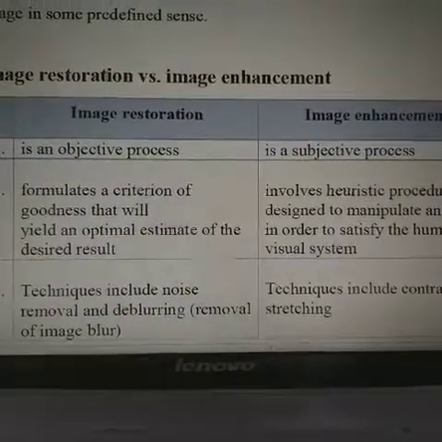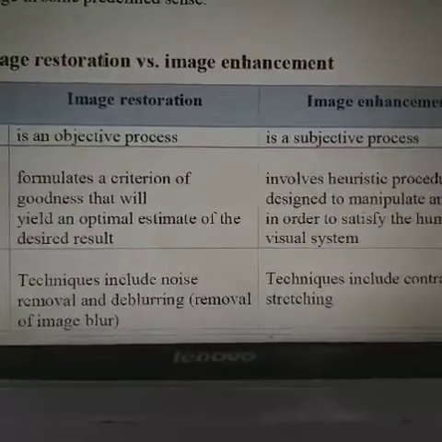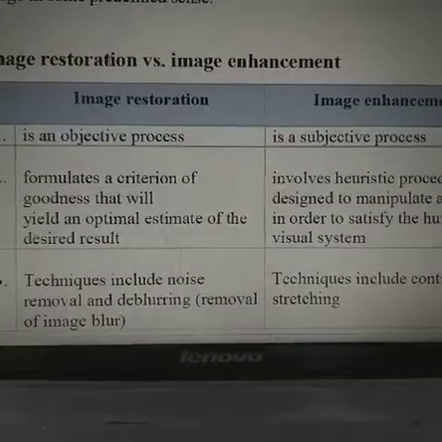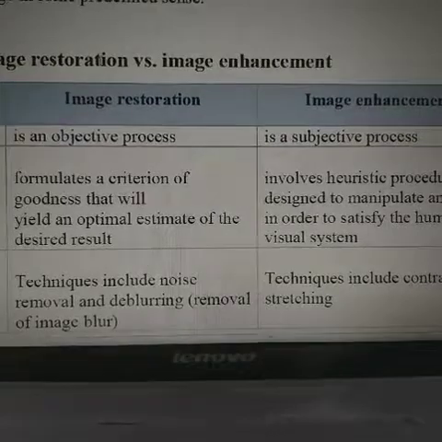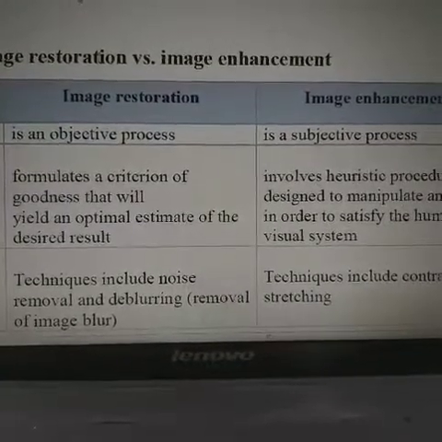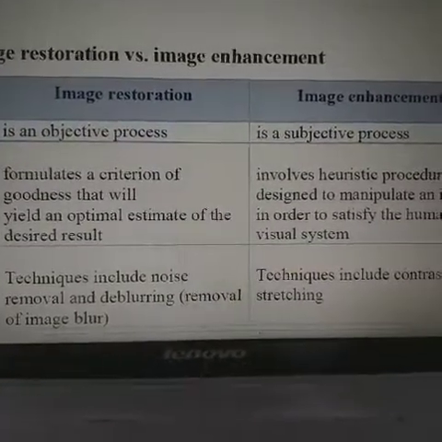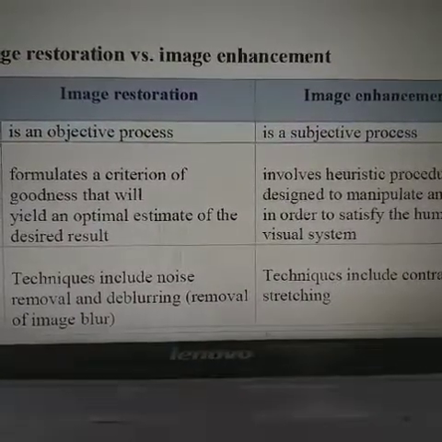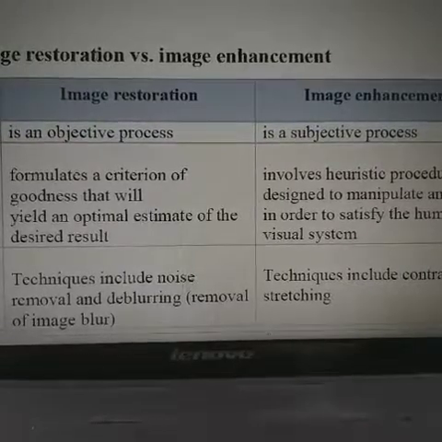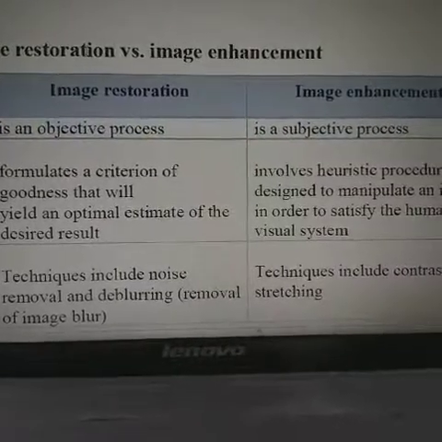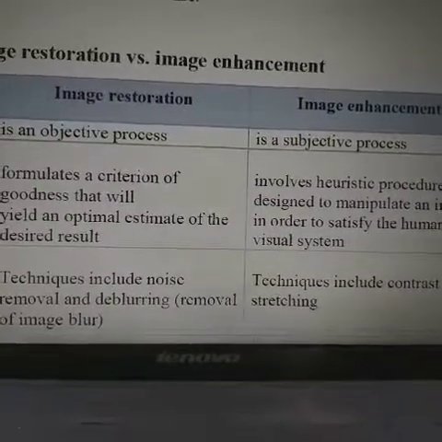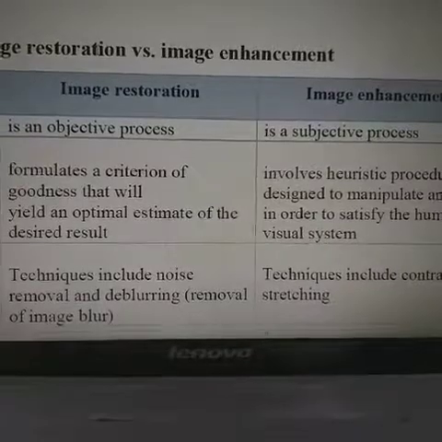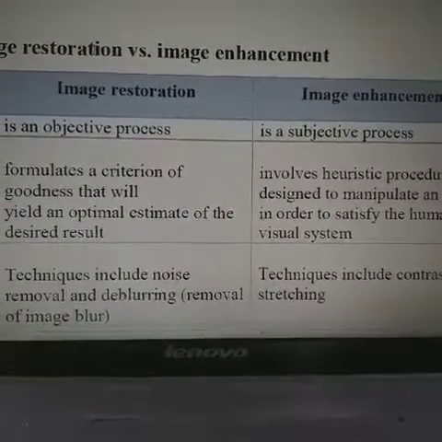Clear? Now the third difference is that in image restoration, the techniques include noise removal and deblurring, removal of image blur. When we restore an image, in the main definition we read that we recover a degraded image. The degraded image is one whose quality is lost due to various reasons.